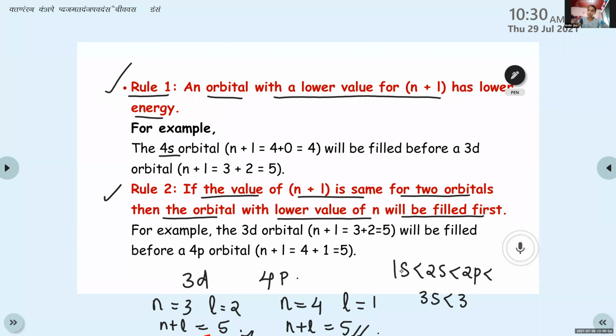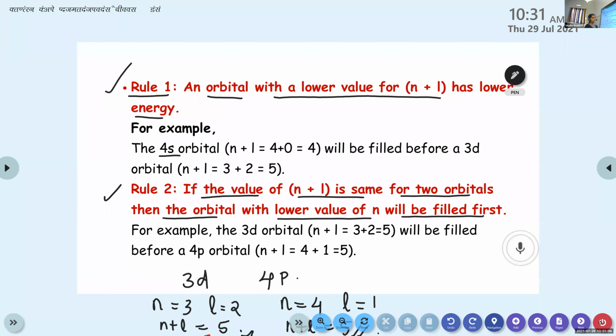So that's the Aufbau principle. Do you remember the statement of the Aufbau principle, children? Nimita, can you tell me? In the ground state of atoms, the orbitals are filled in order of their increasing energies.